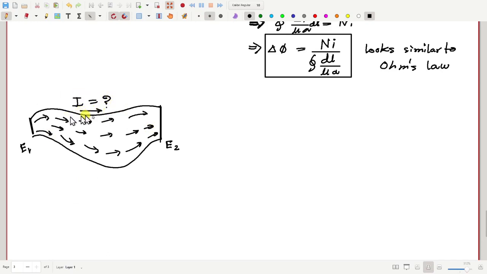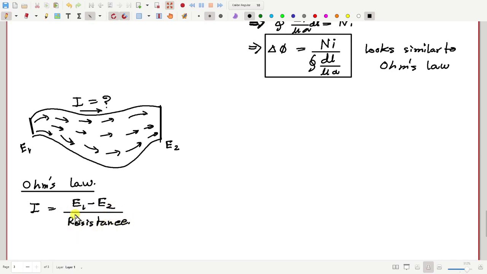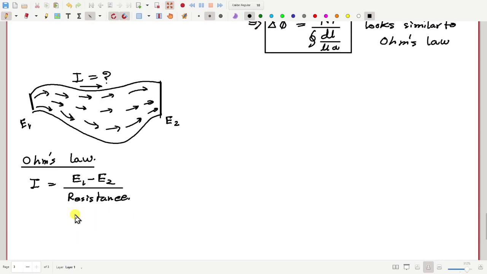I is the total current from left to right side. So we can get that using Ohm's law. According to Ohm's law, I will be equal to E1 minus E2 divided by the resistance of this conductor. And how much is the resistance? To calculate resistance, we may break this conductor into small slices like this.